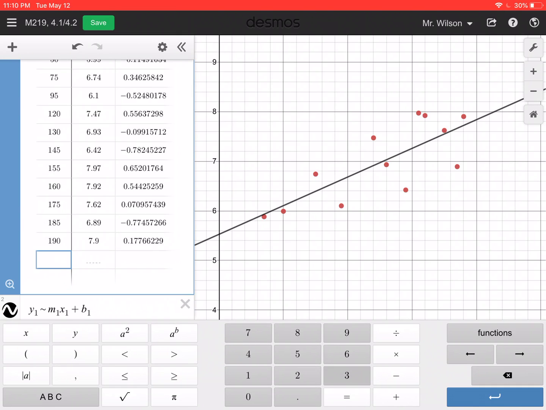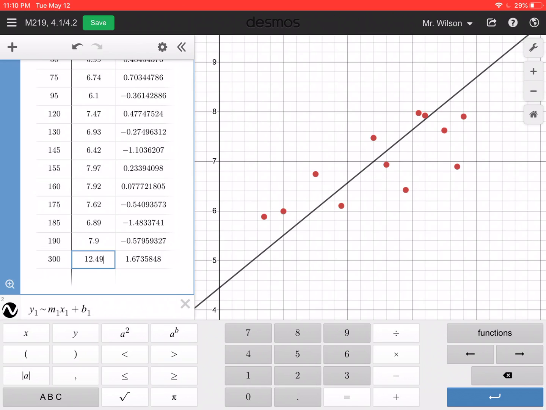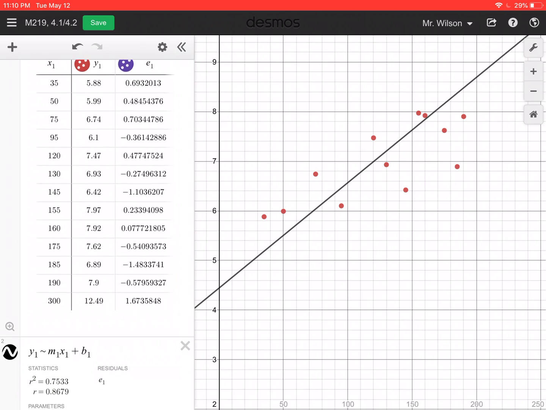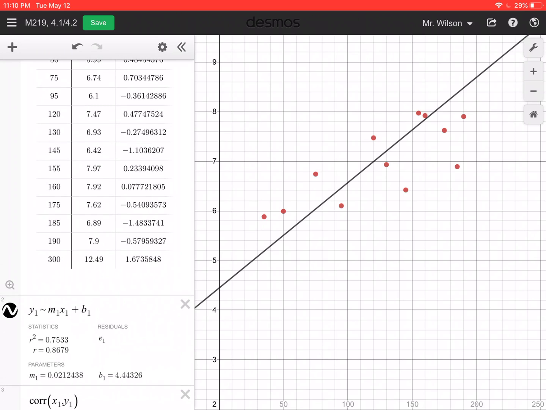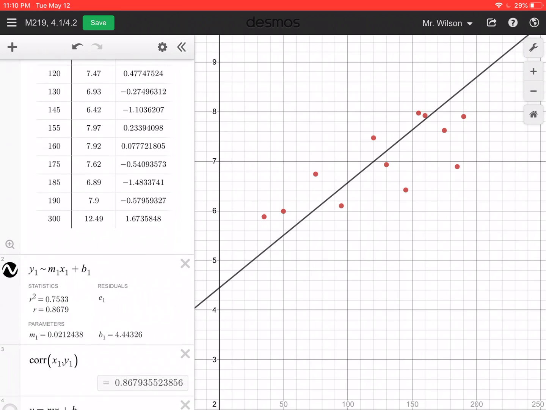It said at 300 it had a drilling time of 12.49 minutes. Okay, so we added our new data point in, and let's look and see what happened with our data.